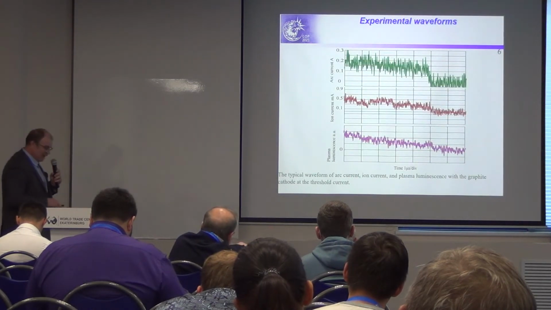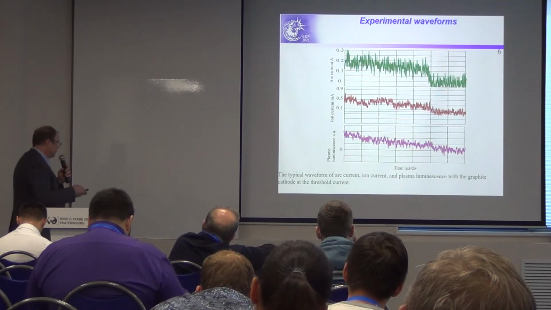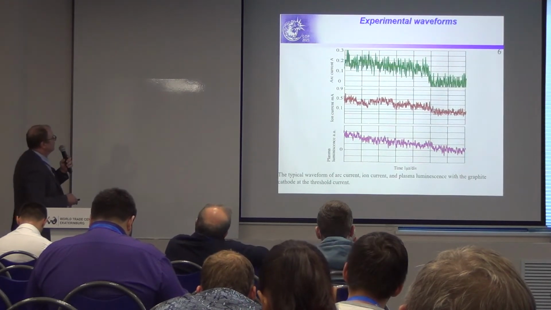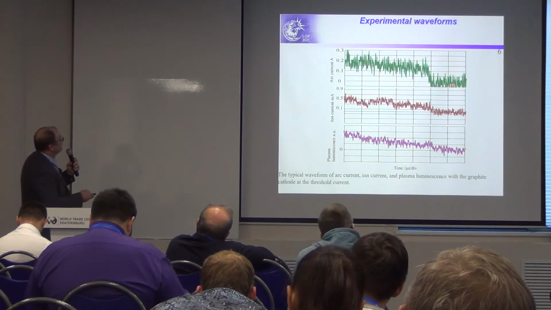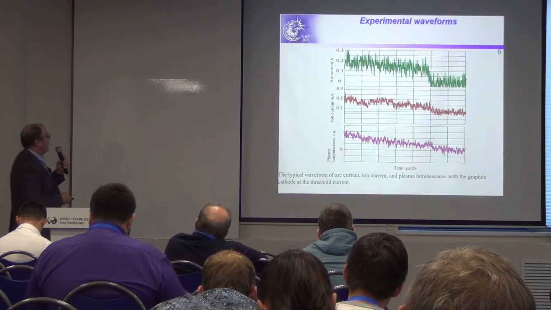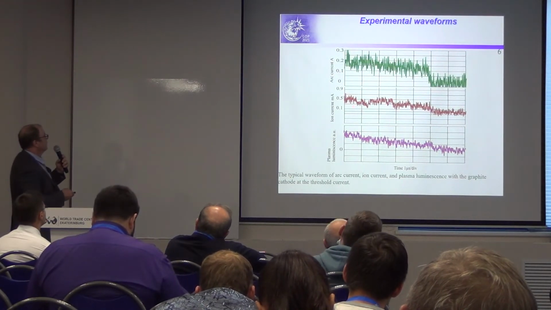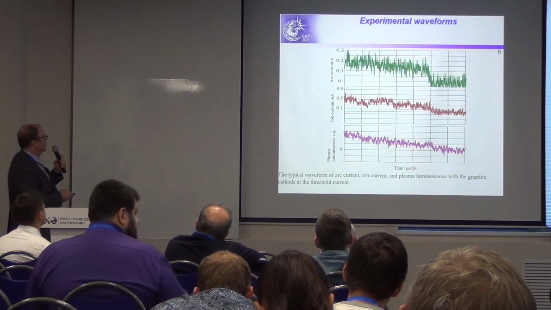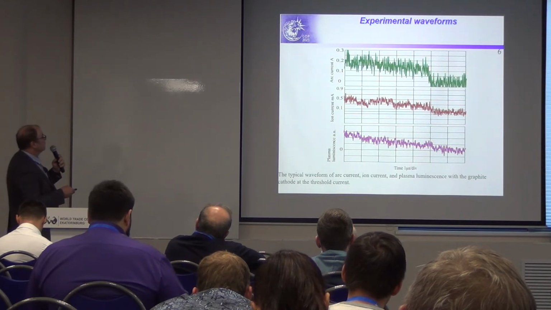But at the graphite cathode, there is no such evidence, no such behavior of the ion current and the discharge current. There are no significant bursts or peaks on the ion current and on the arc current. Besides, there is no significant threshold current.